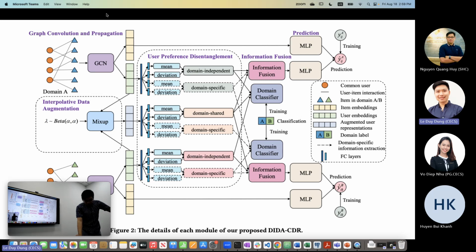Yes, the first loss function. This is why they did it, actually: the domain specific contributes to the domain classifier, LCLS one, the domain classification loss function.